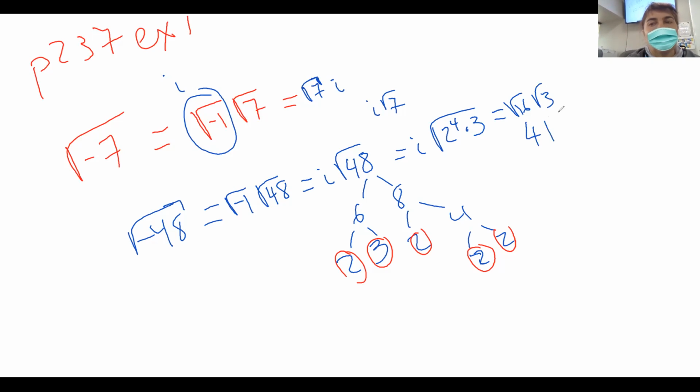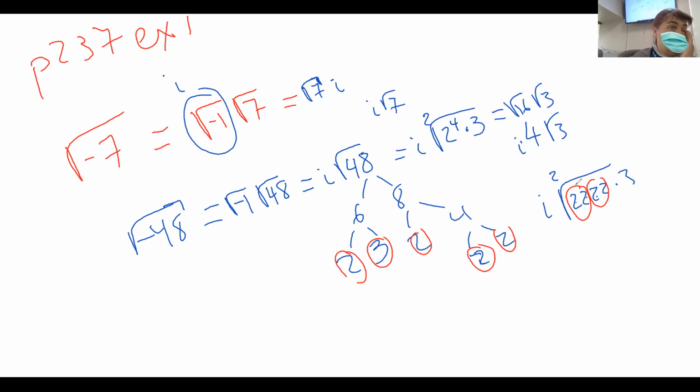So it's going to be 4 square root of 3 and the I. If you want to take out the exponent, you need groups of 2. With a square root, how many groups of 2 do you have? You have 4 twos, so 2 groups of 2's, and every group comes out.